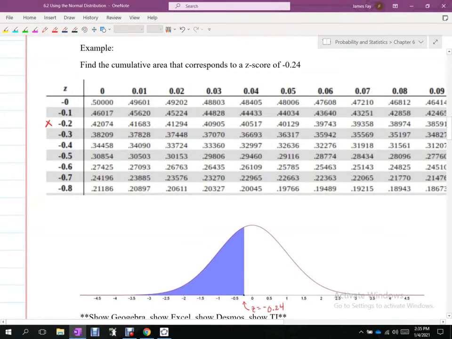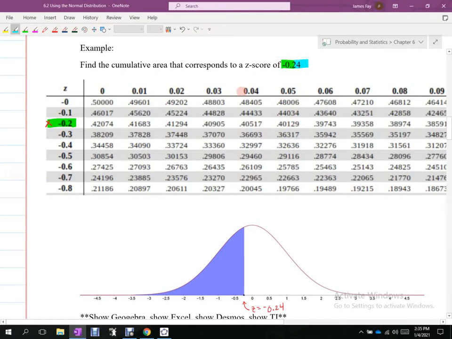Okay, so if I want to find z-score of negative 0.24, okay, again, your z column is going to give you precision out to the tenths place. So I try to find that tenths place precision, which is right there. And then the row up here is going to give me my hundredths place precision.